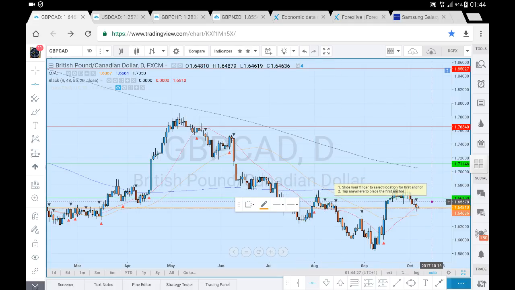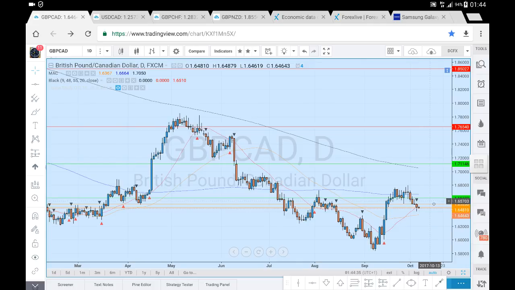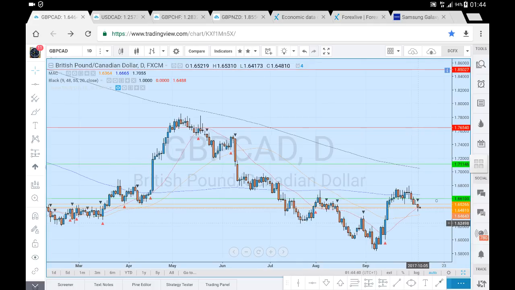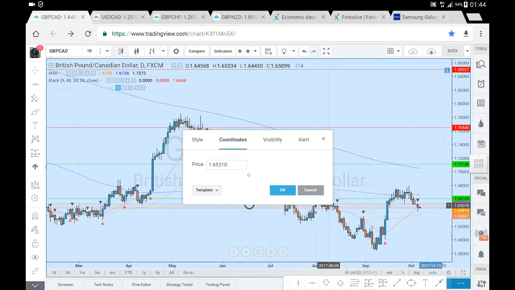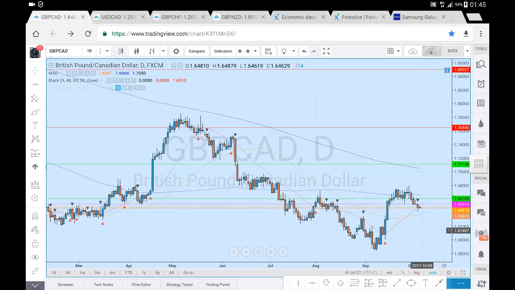So our stop is going to be placed up here. Sorry about this. So the high is 65.31. Just double checking that. Change this to pink. 65.31. Perfect.